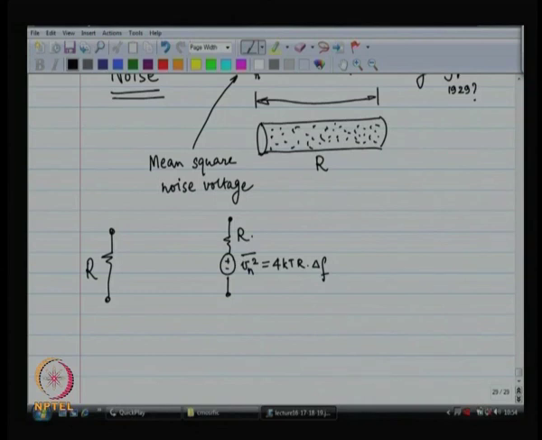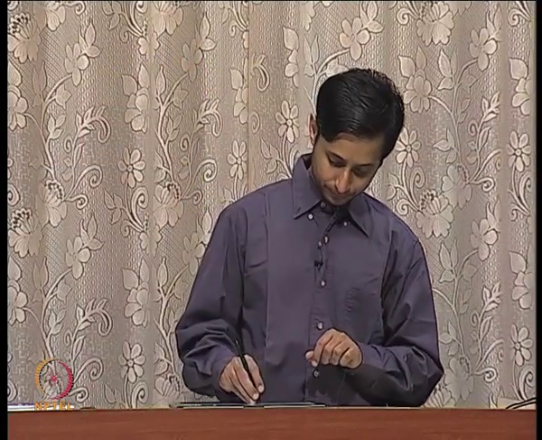So, this is going to be the model of the resistor. Across the resistor you can see that you are going to get a certain noise voltage. Now, this noise voltage does not have a sign, it can't possibly have a sign. You can't possibly have only positive noise voltage or only negative voltage. Mean noise voltage should be 0, mean squared noise voltage is so much.